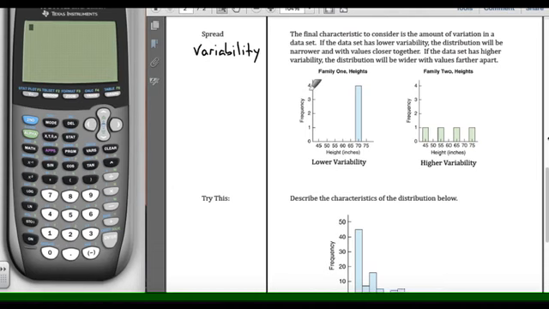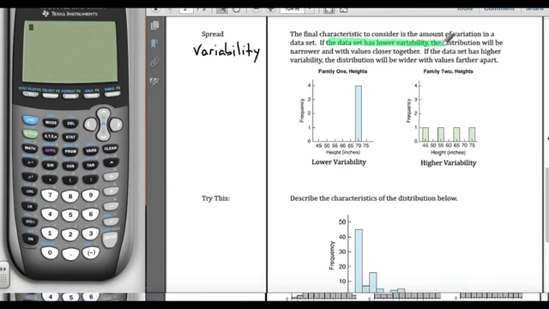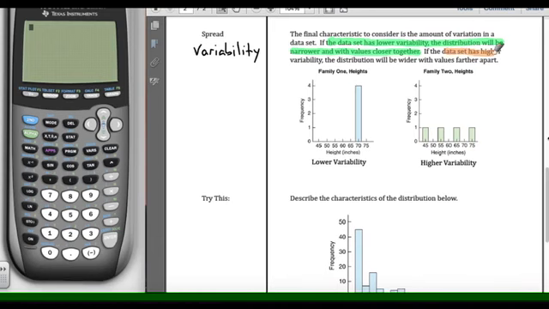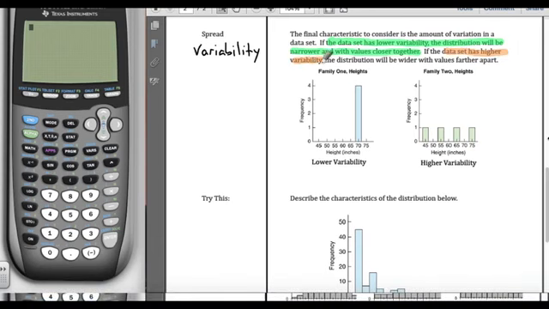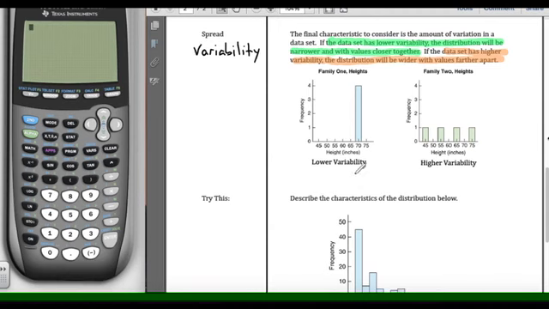We're going to refine this more, but we say the data set has lower variability if the distribution is narrower with the values closer together. And the data set has a higher variability or a higher spread when the distribution is wider with values farther apart. And these displays below illustrate a lower variability, lower spread, and a higher variability or a higher spread.